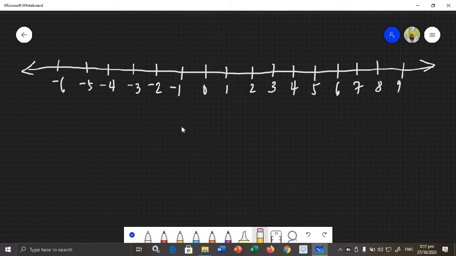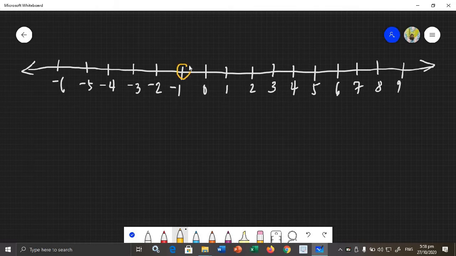Let's say, for example, I am going to draw some things here in the number line and you're going to find the interval notation of that illustration.